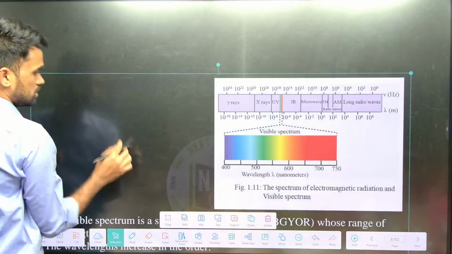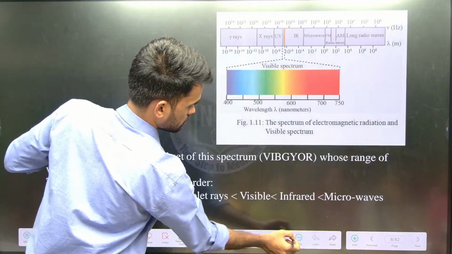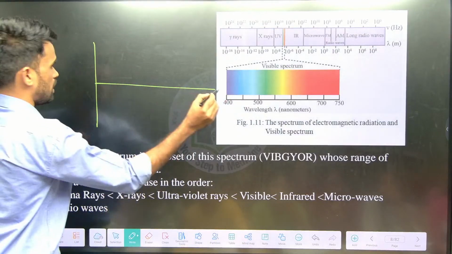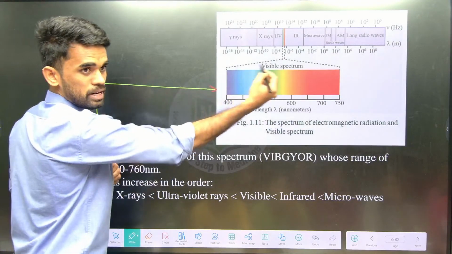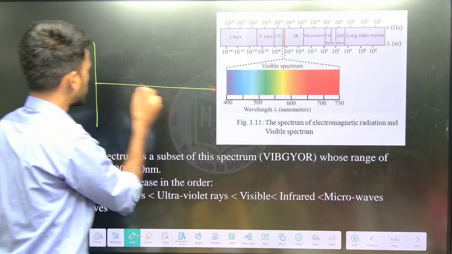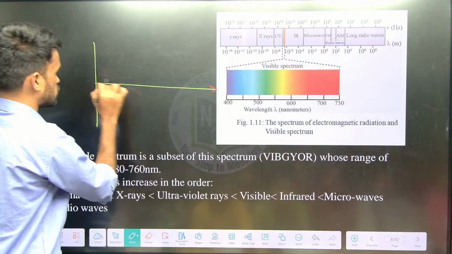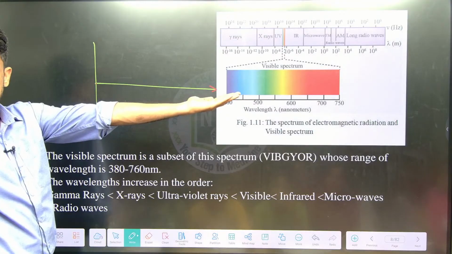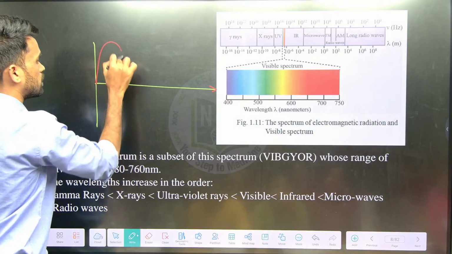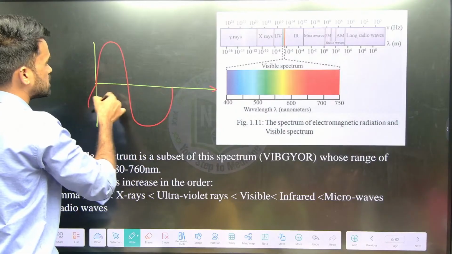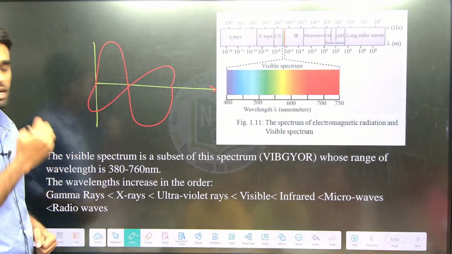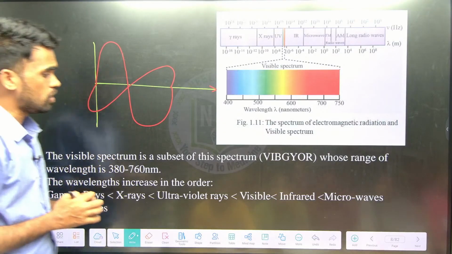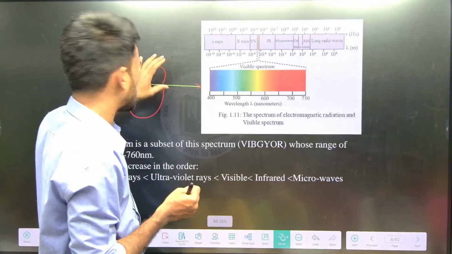If this is the direction they are propagating, then at 90 degrees to this direction, like this, there are two components: one is the magnetic component and the other is the electric component. So electromagnetic radiations have two components, magnetic and electric.